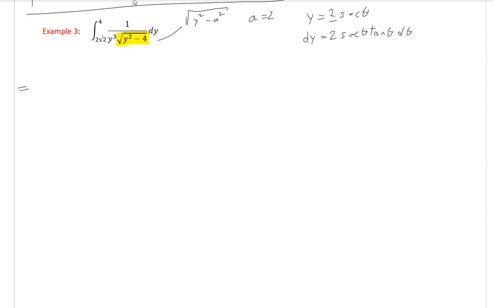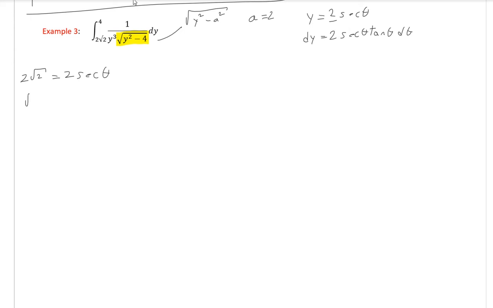So what we have here is the integral now of, I'll actually use the bounds in a bit, so I'll just say a to b. Actually, we can deal with the bounds now, because we don't need to simplify later if we already have the bounds. If I say 2 root 2 is my y value, I should be able to find it in terms of theta. So I'll say 2 root 2 equals 2 secant of theta.